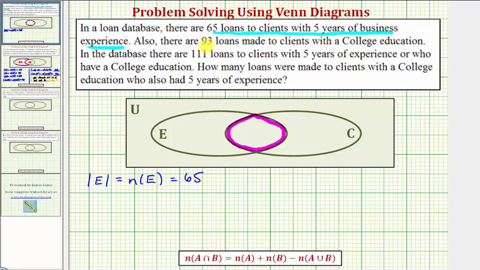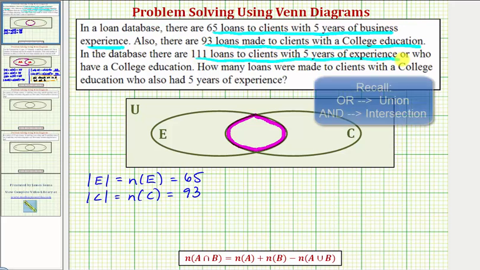Next, 93 loans are made to clients with a college education, which means the cardinality of set C, or the number of elements in set C, is equal to 93. And then finally, we're told 111 loans were made to clients with 5 years experience or who have a college education.